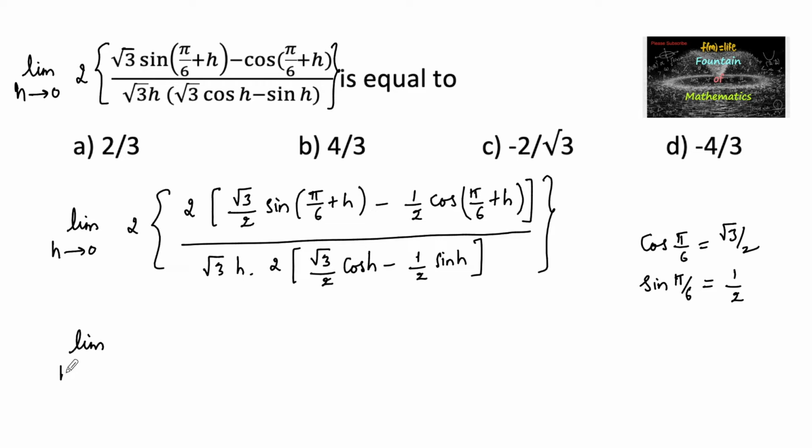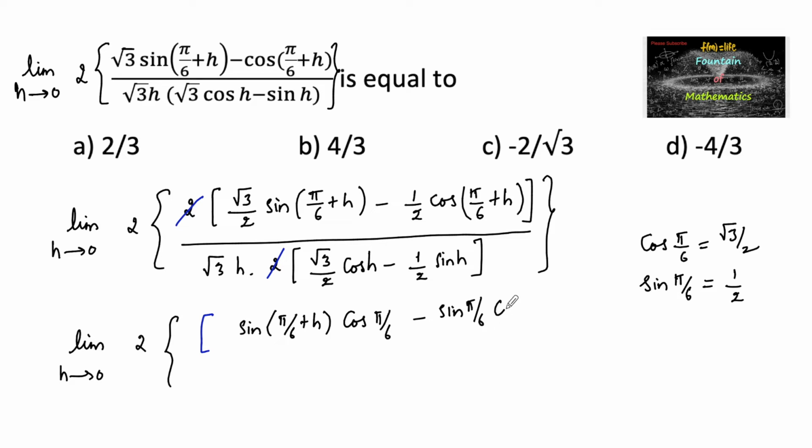Limit h tends to 0, 2 times. So here 2 and 2 gets cancelled. Root 3 upon 2 we can write cos pi by 6, so sin pi by 6 plus h into cos pi by 6 minus sin pi by 6 into cos of pi by 6 plus h.